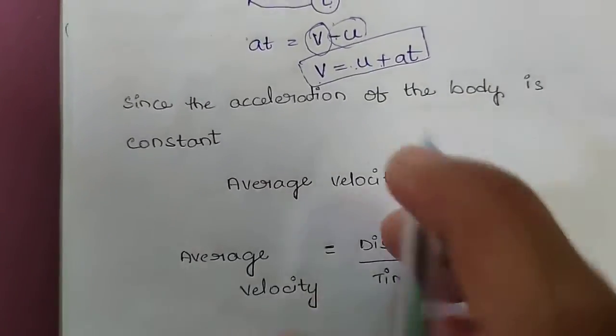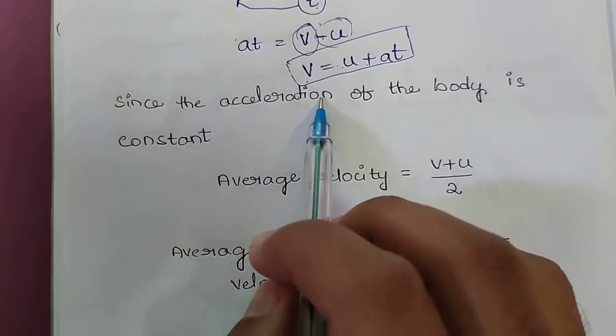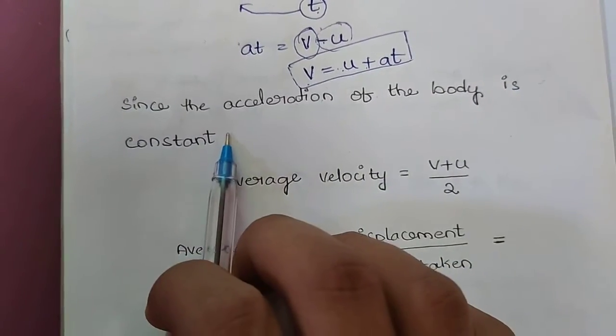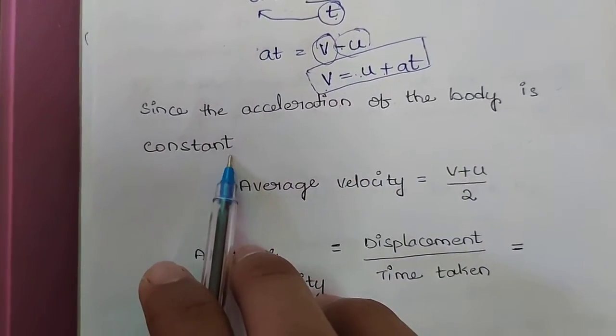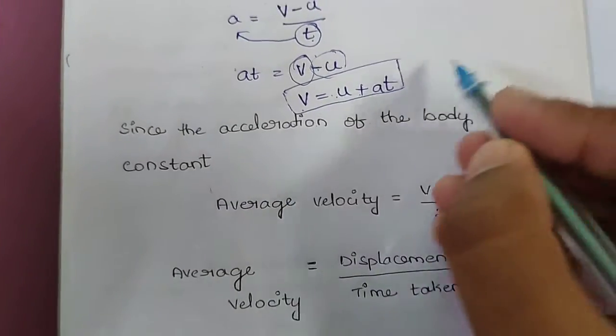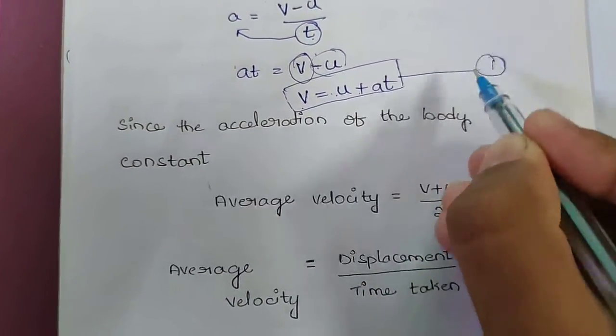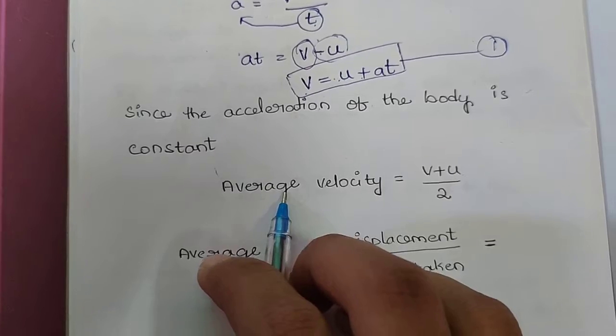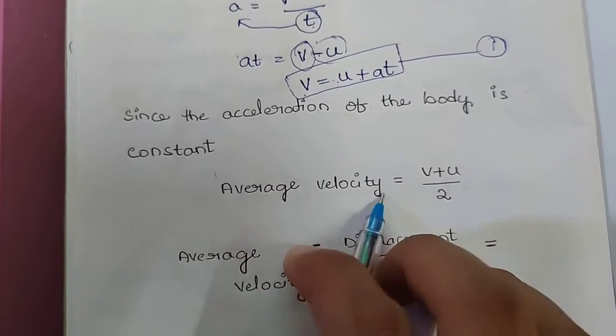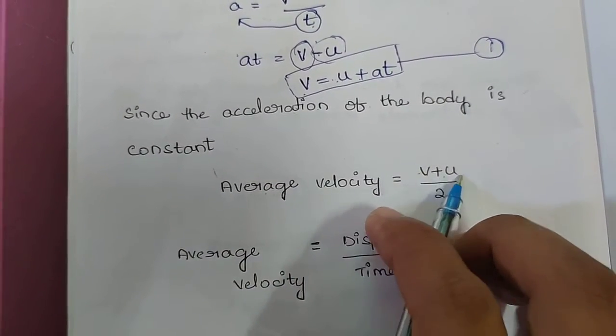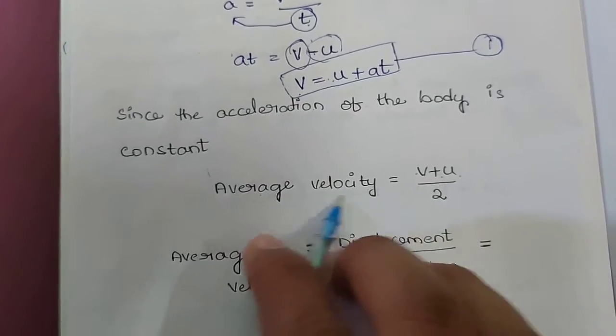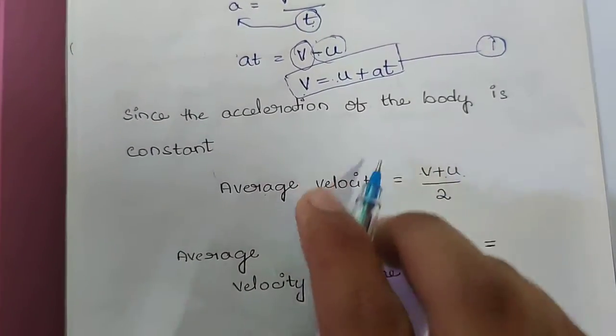Since the acceleration of the body is constant, as I told you, this is equation 1 actually. So the average velocity is u plus v by 2. The formula for velocity is displacement by time.